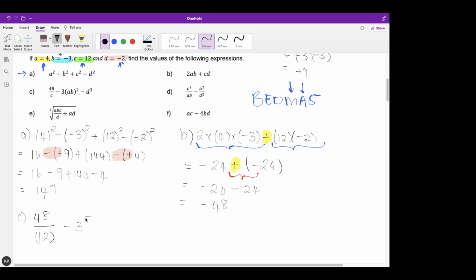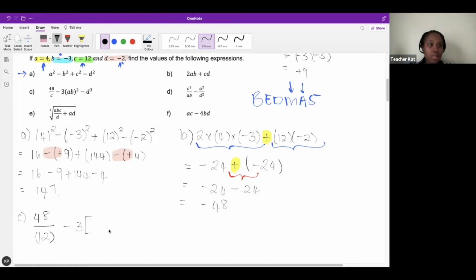So I'm going to use a square bracket here to be able to distinguish what I am doing. They mean the same thing. They are all brackets.